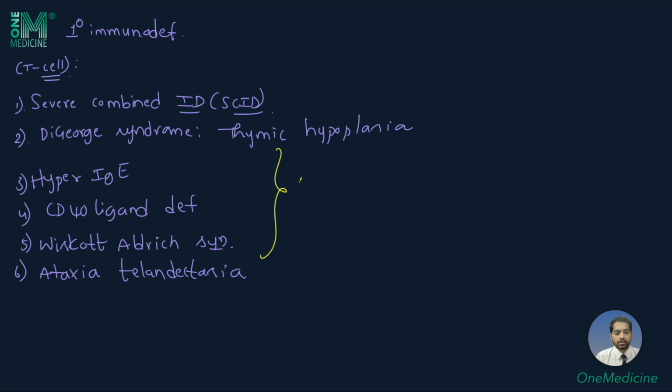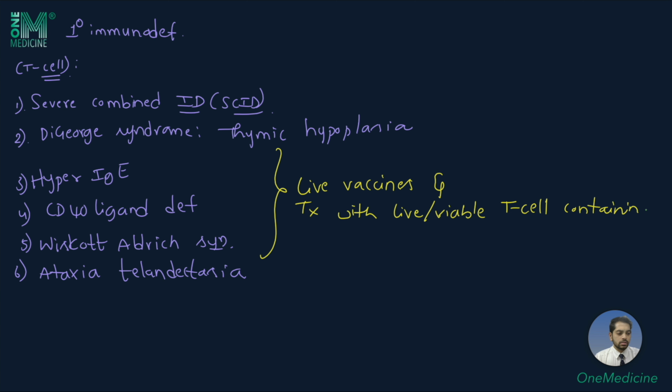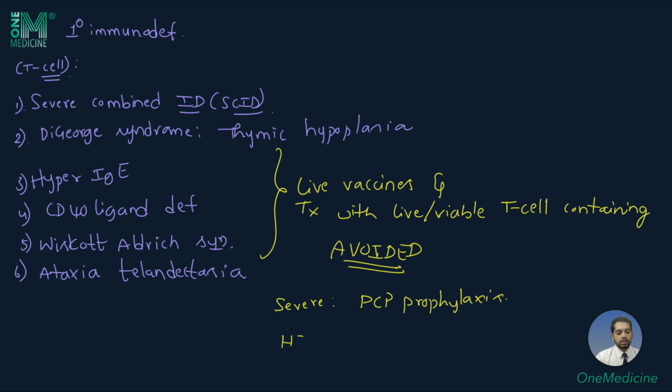In all these conditions, live vaccines and transfusion with live or viable T cell containing components should be completely avoided. Some patients with severe T cell deficiencies can be chosen for pneumocystis pneumonia prophylaxis. In certain conditions, hematopoietic stem cell transplantation is curative and it needs to be assessed case by case.